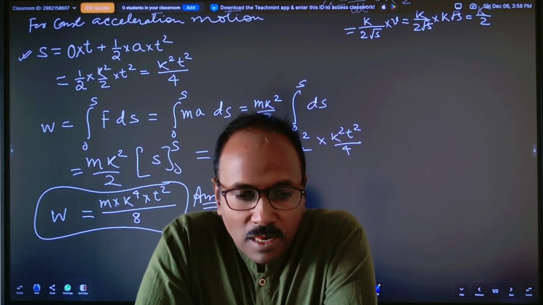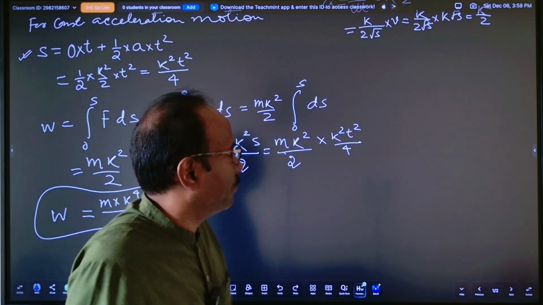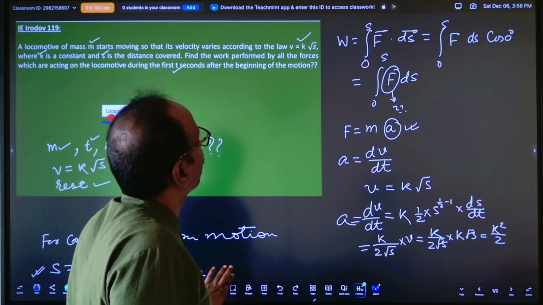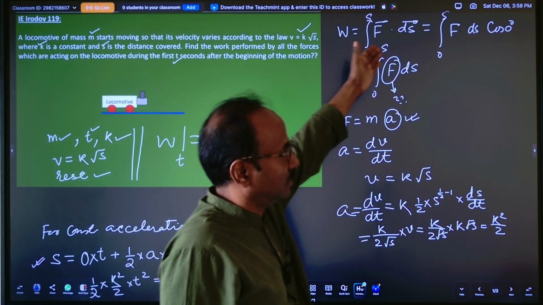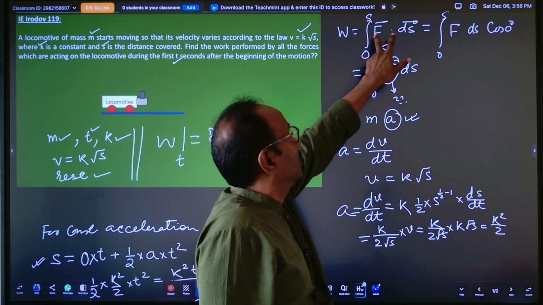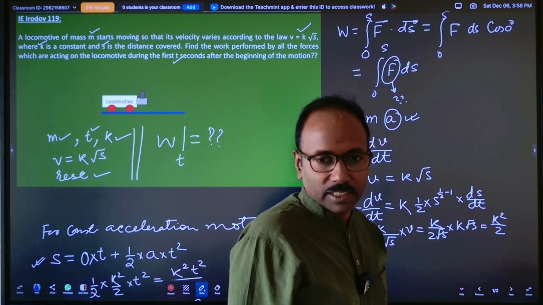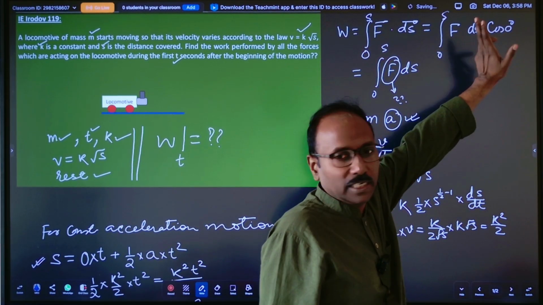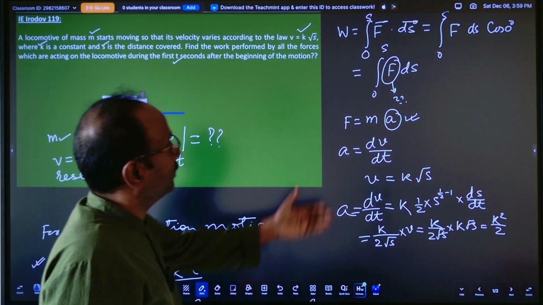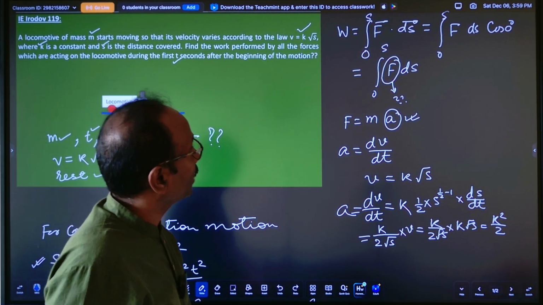Hopefully you understood the concept behind it. It is simple. You know the work done is given by this equation, and you started with that. You know that the locomotive started from rest, so force and displacement will be in the same direction, so cos 0 degree. Now we do not have any information about the net force. So how to get that?